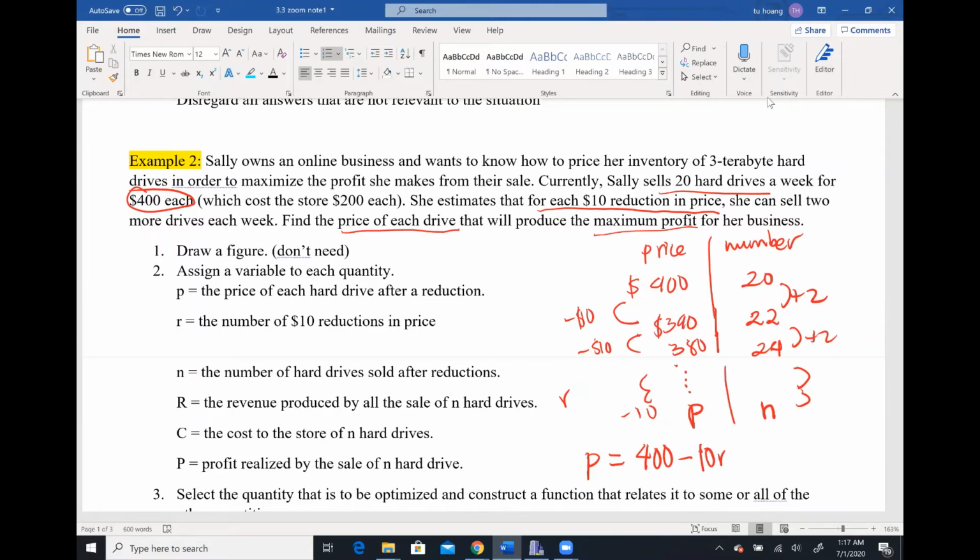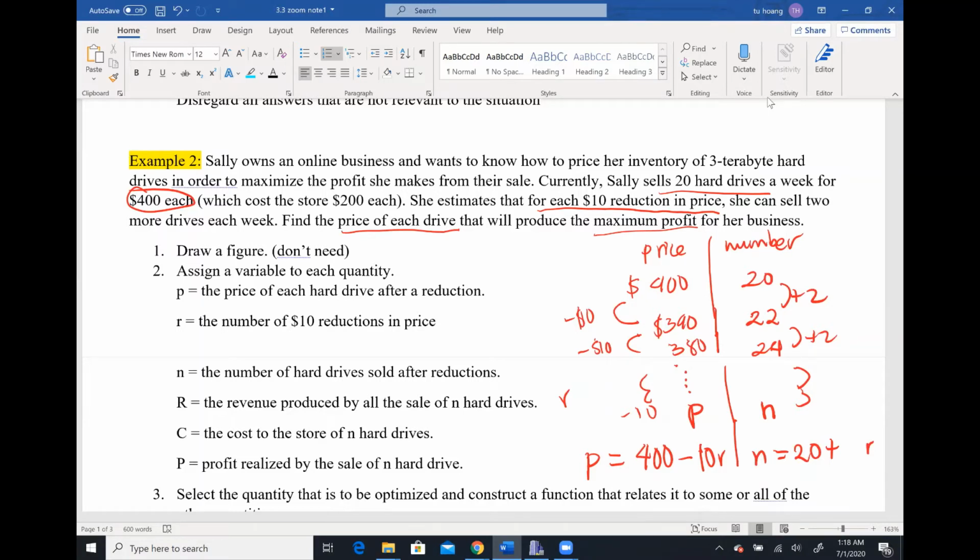You see that? And for N, the original number was 20, and you add the same number of times as the reductions in price, adding two items for selling.